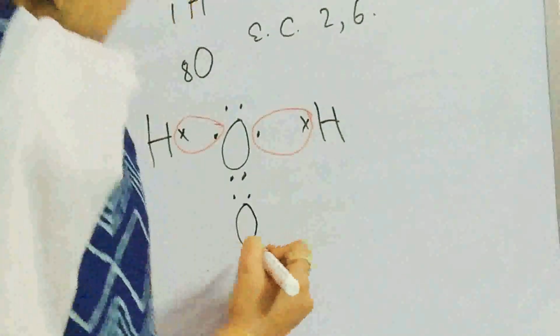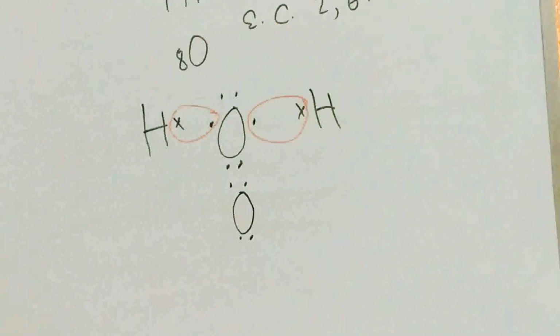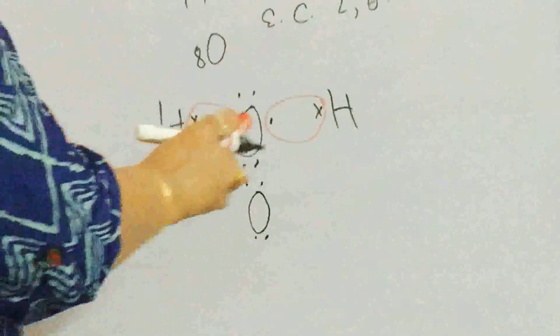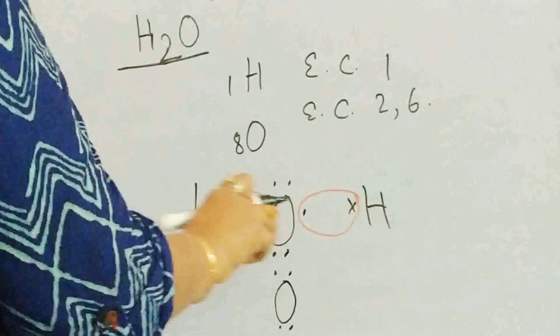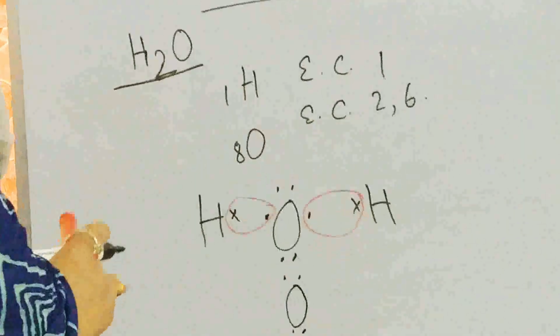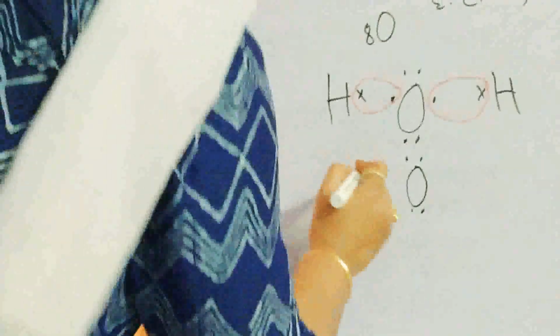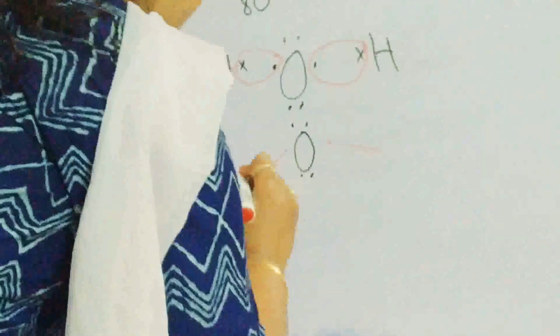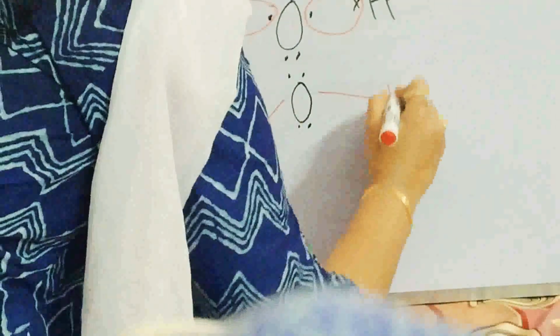Lone pairs means those not participating in bond formation. These electrons are known as bonding pairs, and these are known as lone pairs. We get 2 covalent bonds with 2 hydrogen.